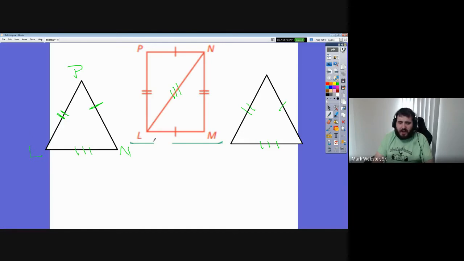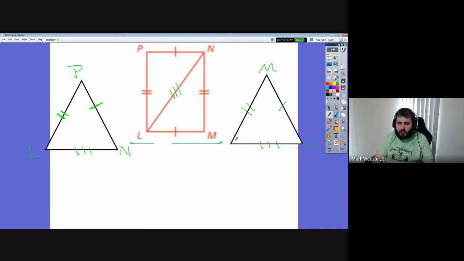I started with the letters for the first one, wrote down all the little congruency marks, and then I'm going to transfer the marks over to here, and then I'm going to fill in the letters on the second one last, just so that I know that everything is right. Well, what's in between the 1 and the 2? M, right? What's in between the 1 and the 3?